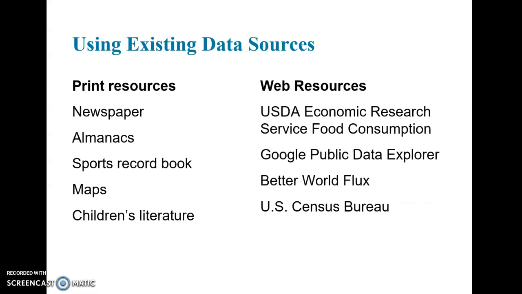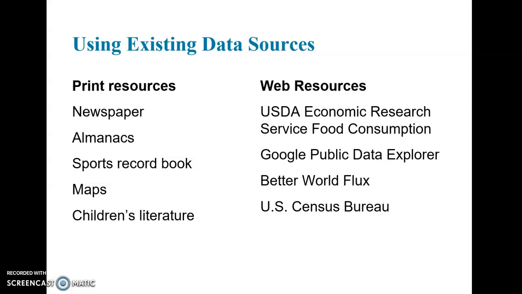You can use printed resources: newspapers, almanacs, sports record books, maps, various government publications, and also children's literature such as Goodnight Moon, Green Eggs and Ham, and so on. You can also use web resources. The internet provides seamless lists of data that are often accessed by just typing in the question, a phrase, or a keyword.